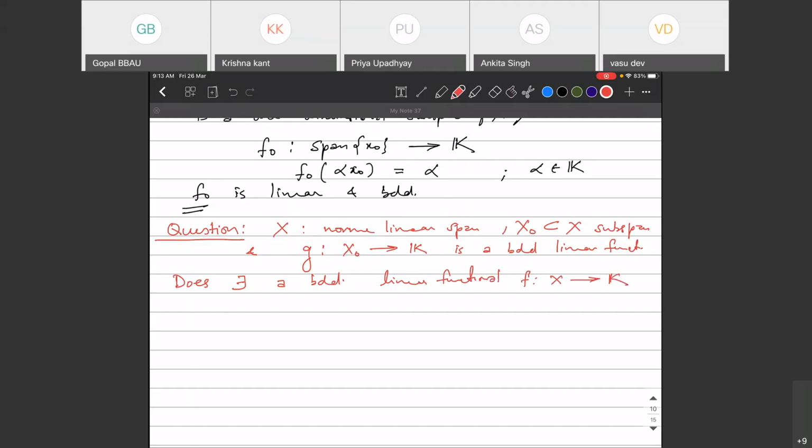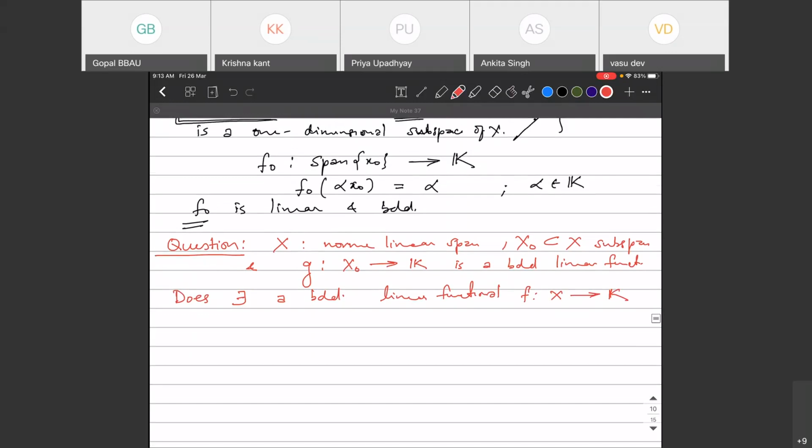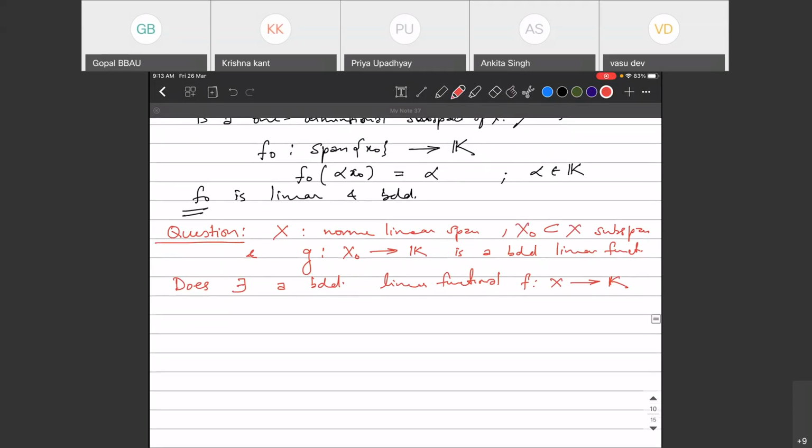This f will be an extension of g. What does it mean by extension? This means that when we restrict f to X naught, we will get g.